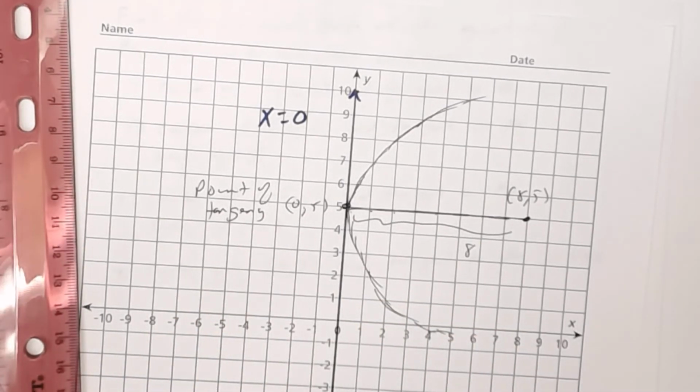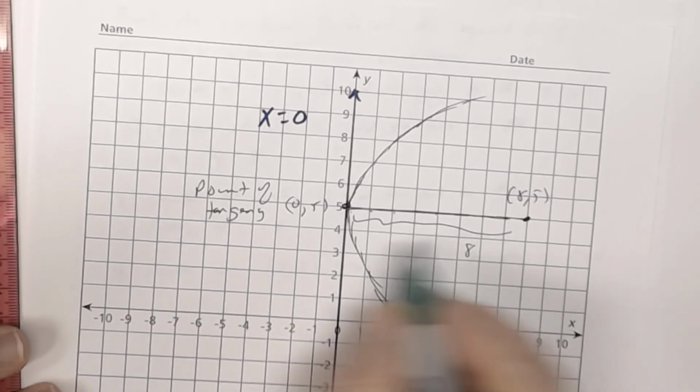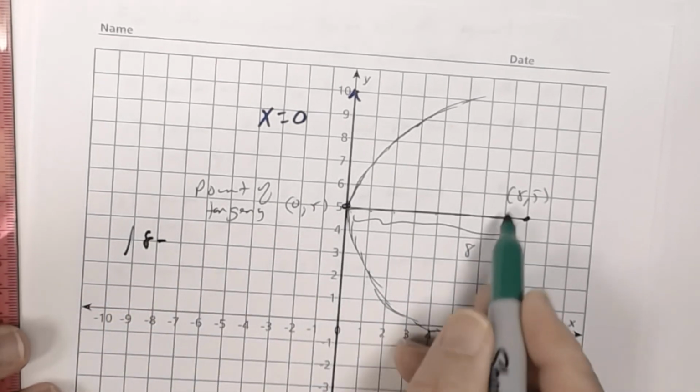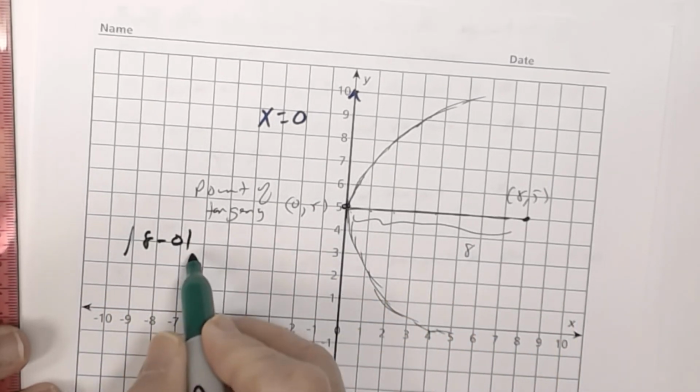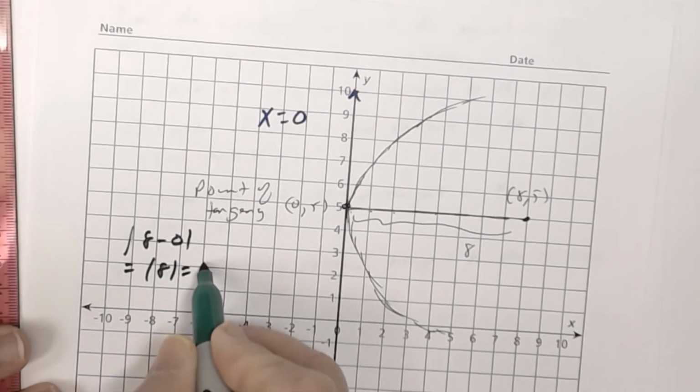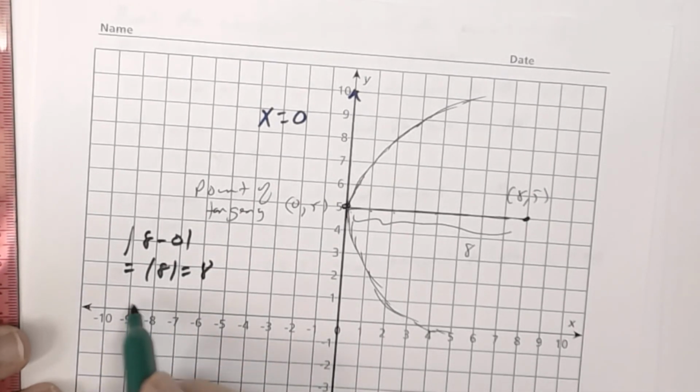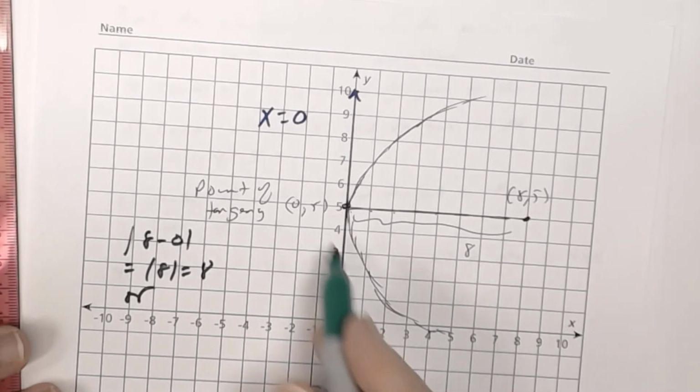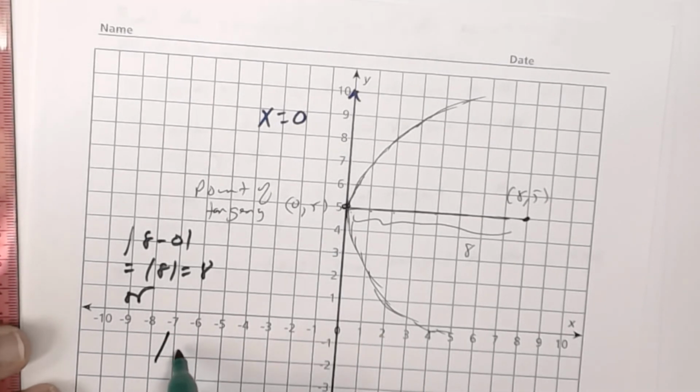Someone could have said, well, I can say the absolute value of 8 minus 0, which is the absolute value of 8, which is 8. That's true. Someone else could have said, well, I'm going to start with 0. Okay, no big deal. You can do that. 0 minus this x-coordinate.